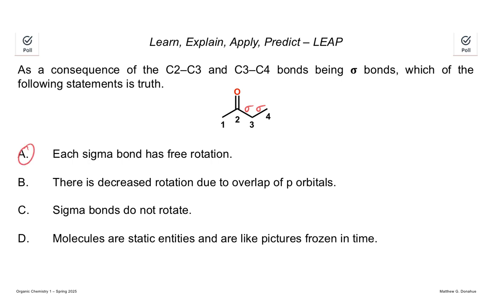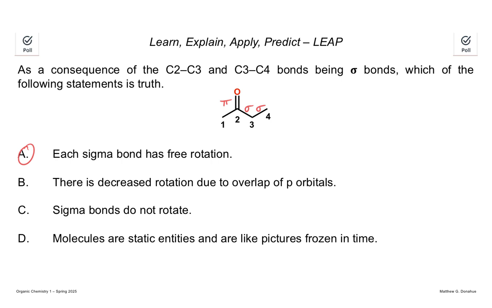Notice this carbon-oxygen pi bond. When two atoms come together, they overlap with p orbitals. And so the p orbital, remember, you have a cloud of electrons on top and bottom. It sort of looks like a hamburger bun. What that does is it locks the rotation so that the bond can no longer freely rotate.